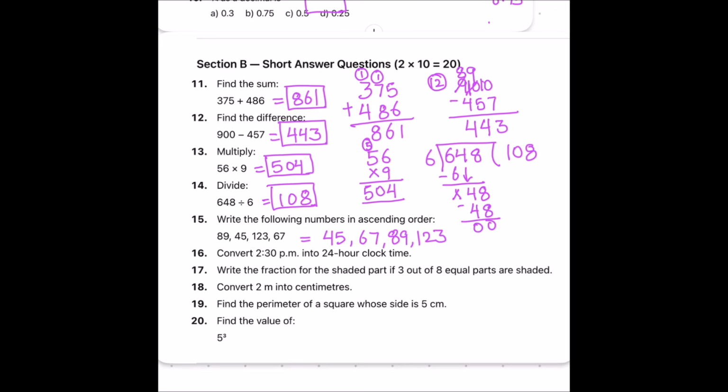The next question is convert 2:30 p.m. into 24-hour clock. So to convert any time into 24-hour clock, we add 12 hours to it. So our time is 2:30 p.m. So that's 2:30 plus 12 hours.